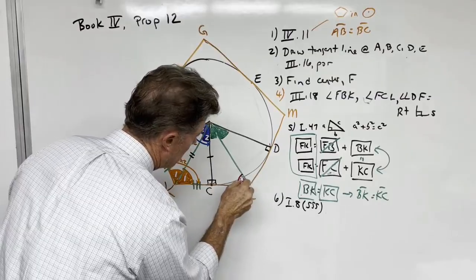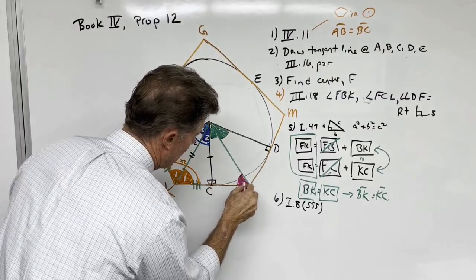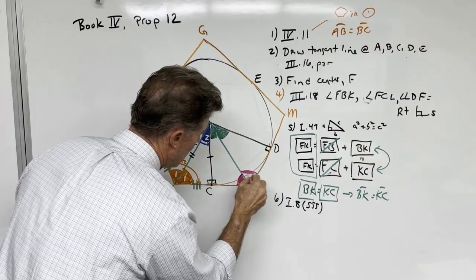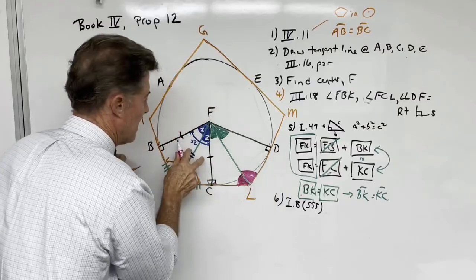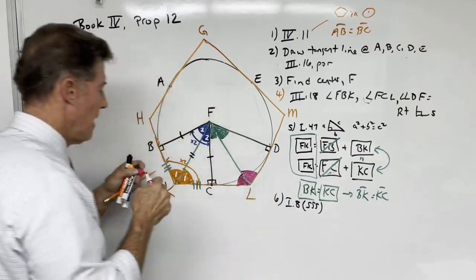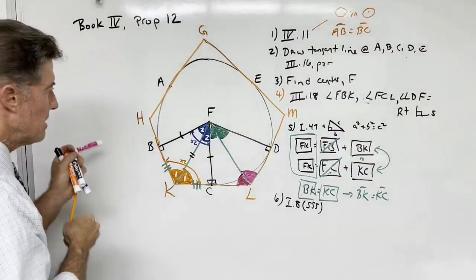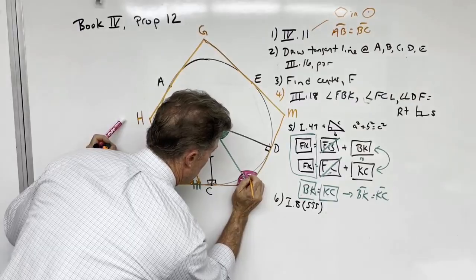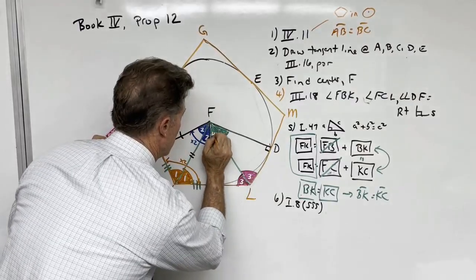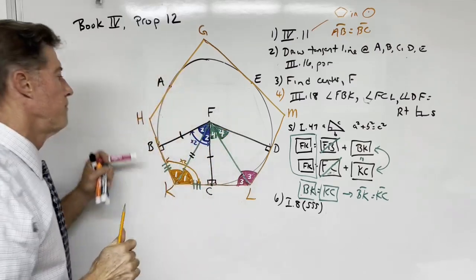So this angle and this angle are equal, because again, these are just mirror image triangles. They're mirror images of each other, just like this situation here. All right, so if we want, we can label this. We'll label this angle 3. And we'll label this angle 4.